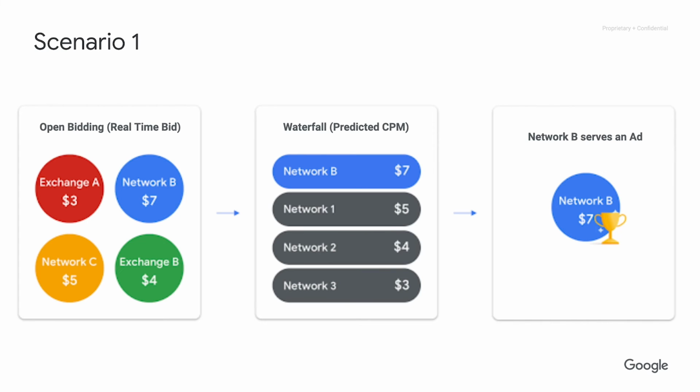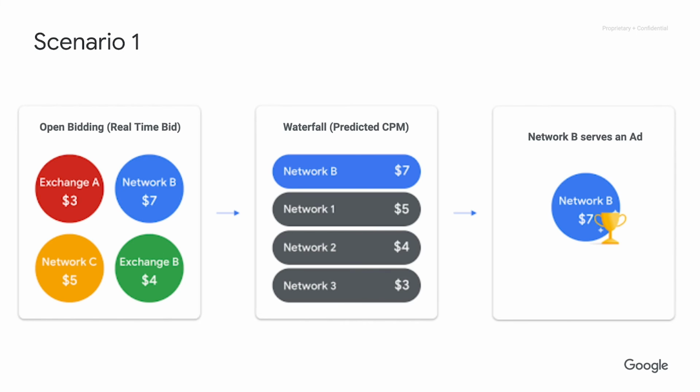And then what AdMob does is take that into the waterfall of yours, which has 3 networks. So now there will be 4 line items in the waterfall, and it goes from the top, which is the highest CPM, in this case, network B. And network B is an open bidding network. So they'll definitely fill it. So they'll serve the ads.